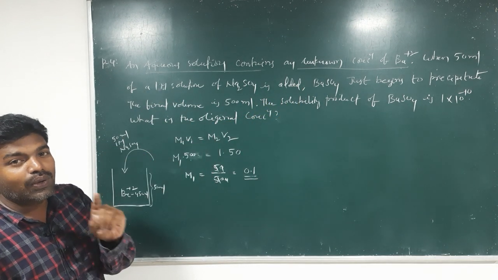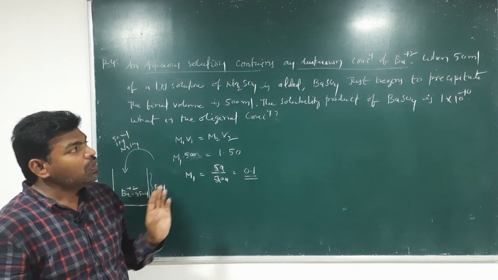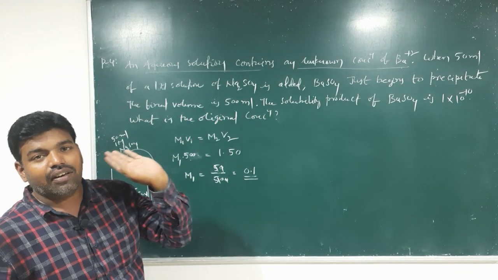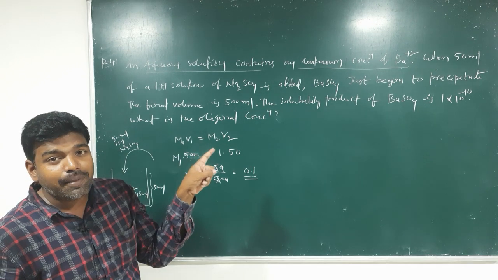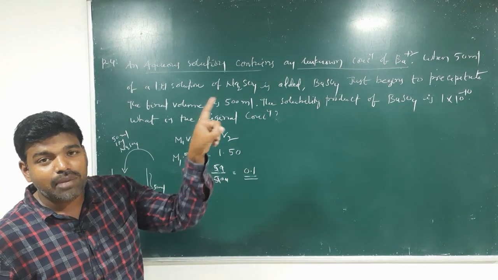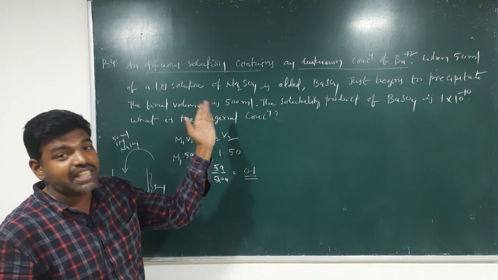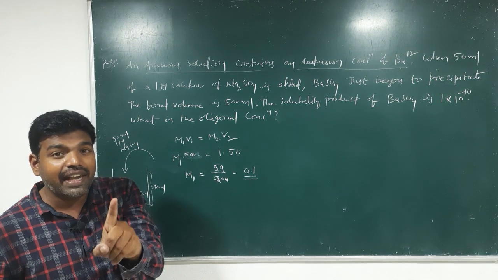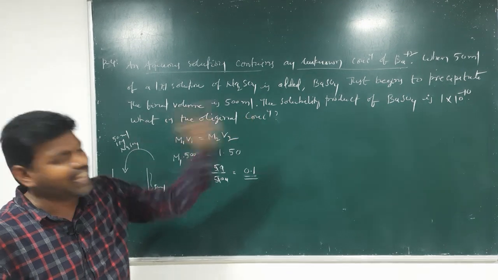Already I told you in the last video, if the ionic product is greater than the solubility product, precipitation takes place. If the ionic product is less than the solubility product, no precipitation takes place. If the ionic product is equal to the solubility product, that is the case where the salt just starts precipitation. So this is the case.